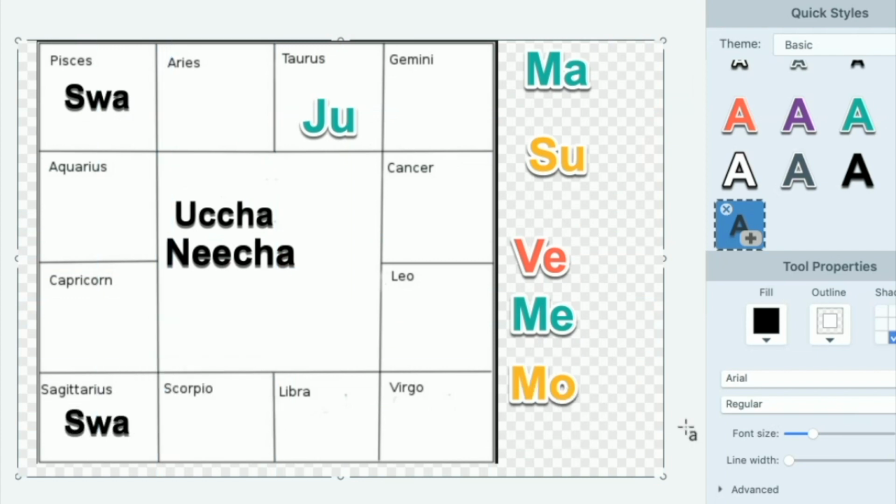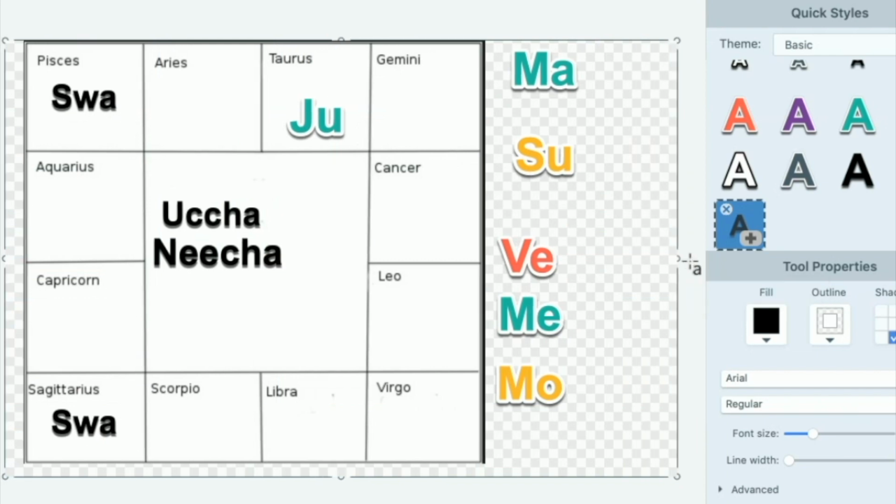Jupiter is about expansiveness, and the 12th house Pisces is about expansion and universal compassion. And Jupiter is a religious, spiritual planet, and through Sagittarius it rules the 9th house, which is the highest Dharma house.